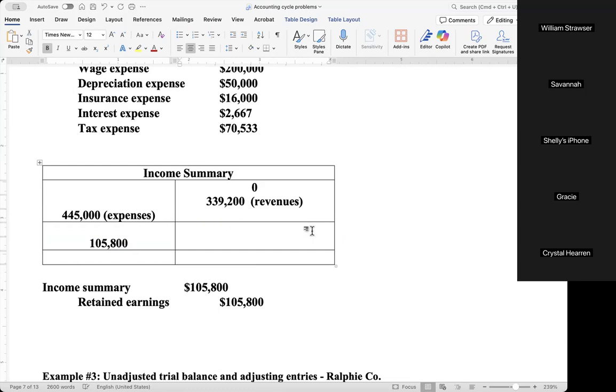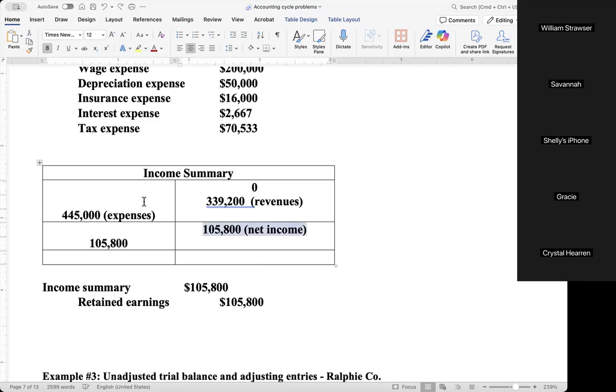It wouldn't be a credit balance anymore. It would now be a debit balance, which would be a net loss. And then in order to close this out, we'd have to credit income summary and debit retained earnings. That makes sense because losses reduce retained earnings and would be debited to them.